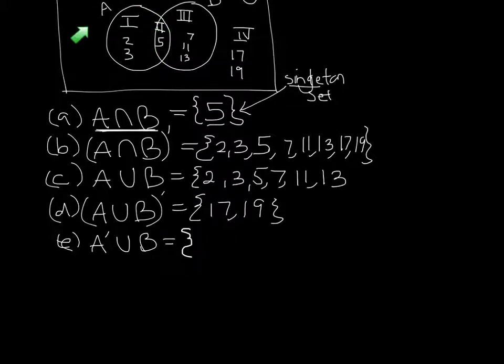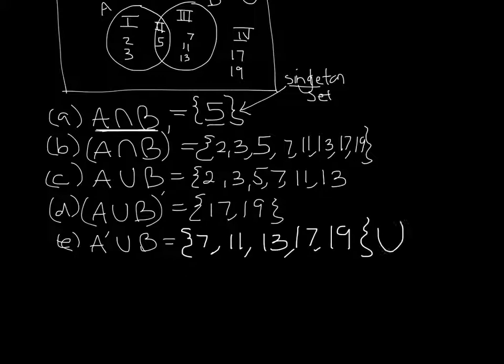If you take this rectangle and cut this circle out with scissors, you don't have this part anymore. You just have 7, 11, 13, 17, and 19.